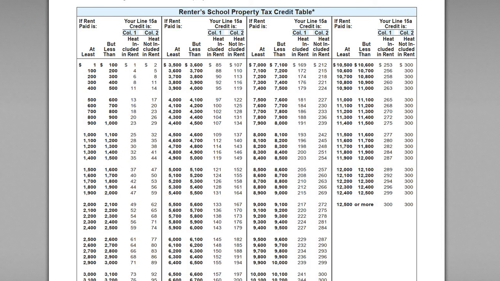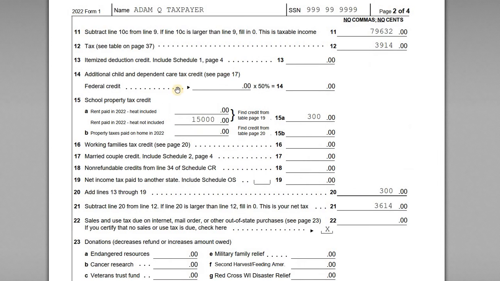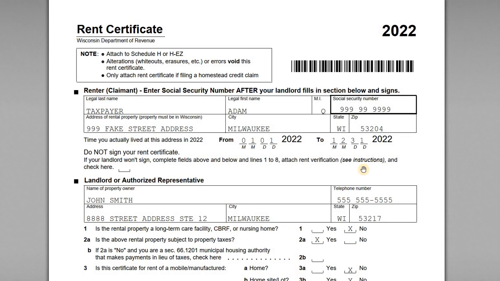Now, what's also important to remember before you input these amounts here is you need to complete the rent certificate and have this provided to your landlord and have them sign it and complete other elements. Now, you can submit this if they don't sign it, but it's always advisable to do so, because if you don't have your landlord certify these amounts and provide this information, then you have to provide more information as far as canceled check copies and things like that to verify that you paid the rent.